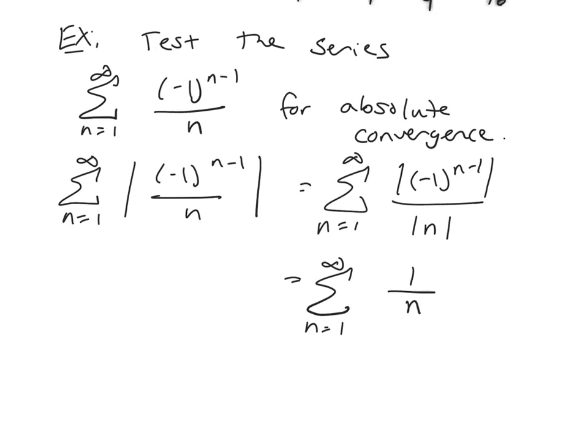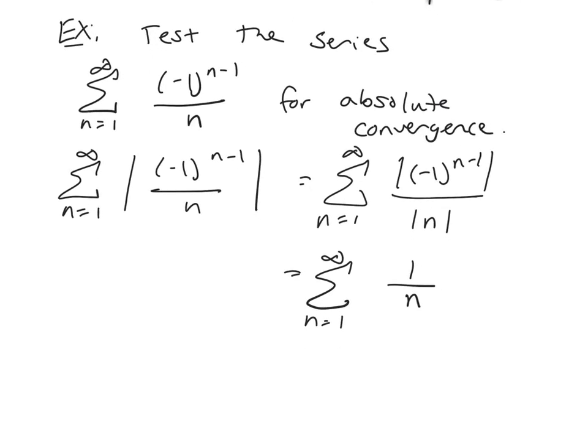What series is that? It's a p-series, or it's also known as the harmonic series. So either way you want to go, p is 1. P is less than or equal to 1, and so it's going to diverge. Or you could know that it's the harmonic series as well.